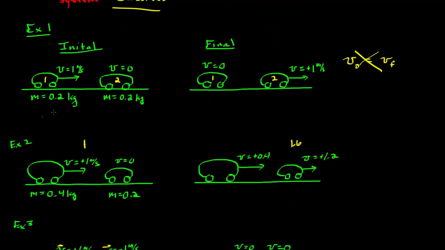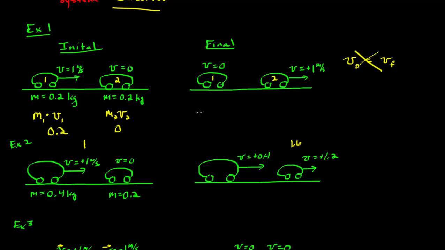But what it ends up being is that if I take the mass of car 1 and multiply it by the velocity. So if I do 0.2 times 1, that would be 0.2. And then over here, I'm going to do the same thing. So mass 2 V2, and I get 0. And then over here, you can see it's going to flip.